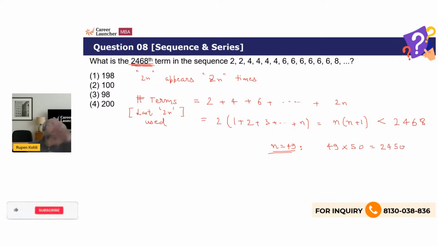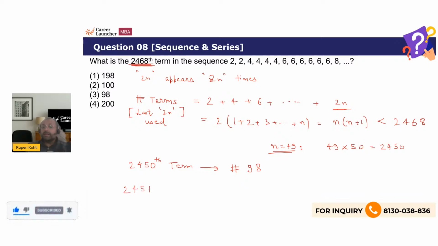So the 2450th term is the last time when I would have written 98. Remember, the number is 2n, and n is 49. So can I say the 2450th term is the last time that we have written the number 98. Now we are going to keep on writing 100.